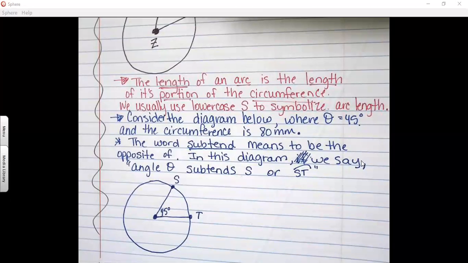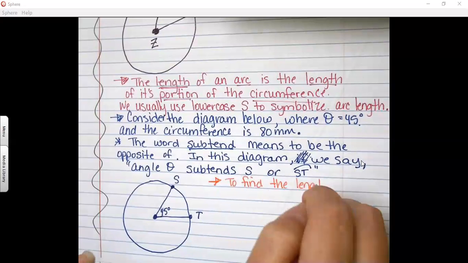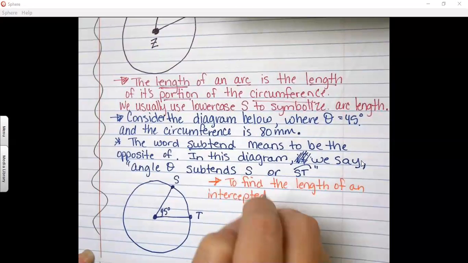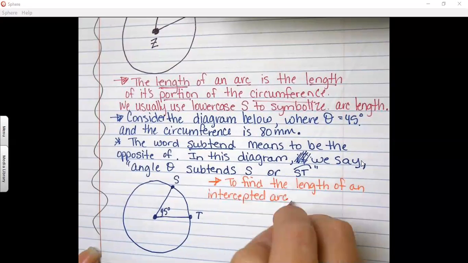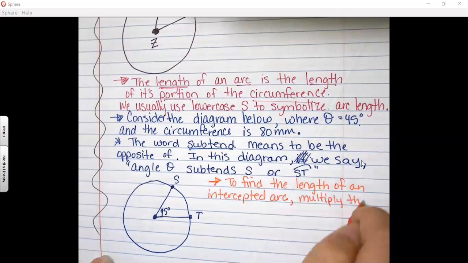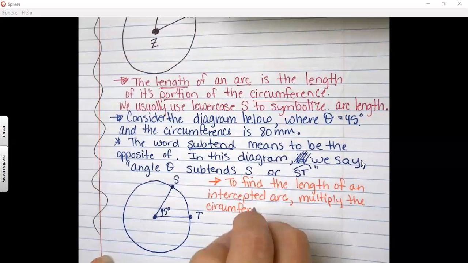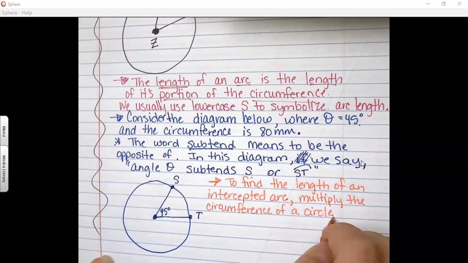So to find the length of an intercepted arc, multiply the circumference of a circle by the ratio of the central angle to 360 degrees.